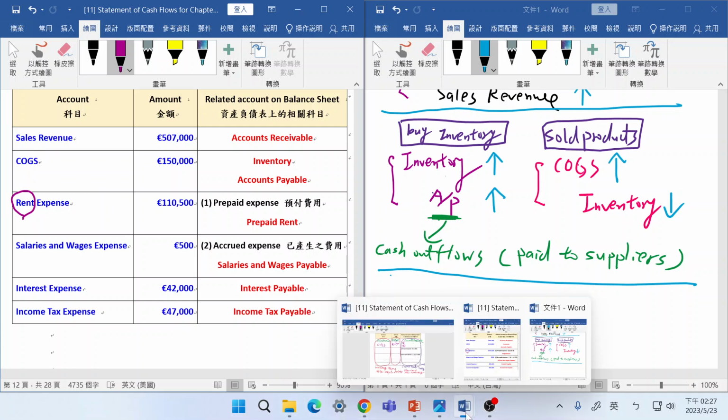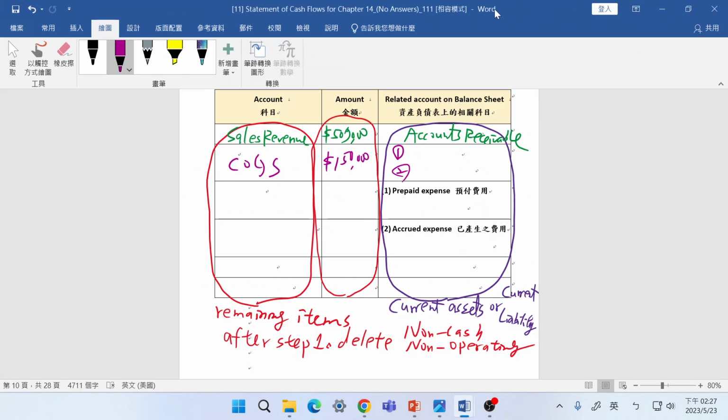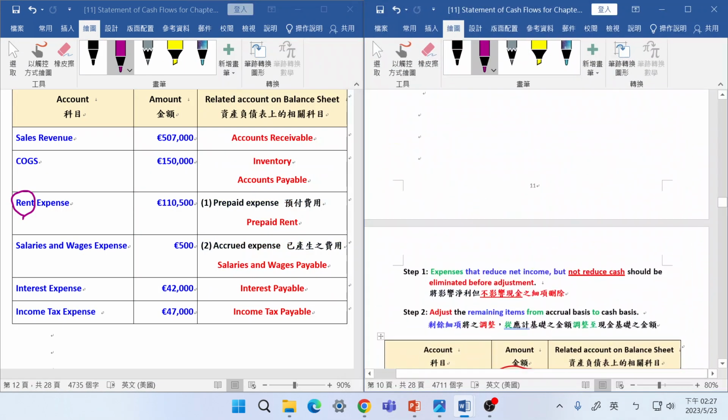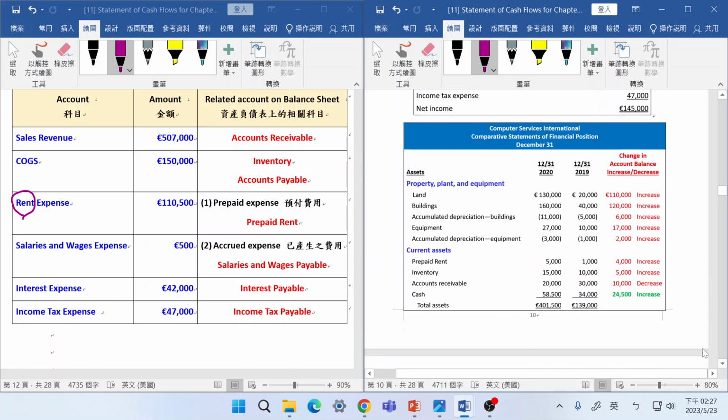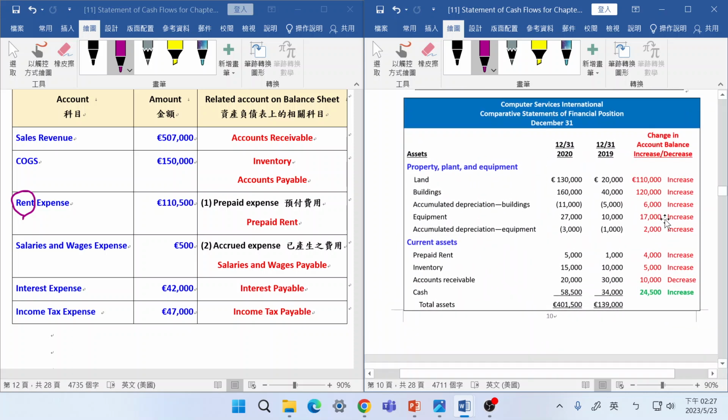Find out which account also has the word rent. Okay, so I go back to my balance sheet on page 10 and page 11. So go to page 10. Did you find out the word about rent? Yes, here, right? So I find rent right here. So the related account should be what? Prepaid rent. Okay?